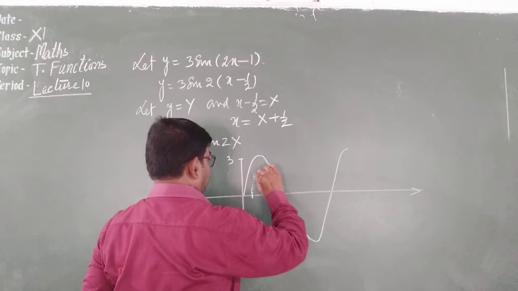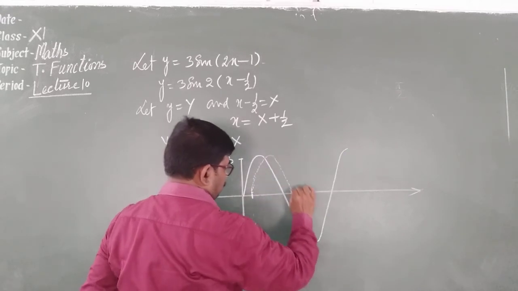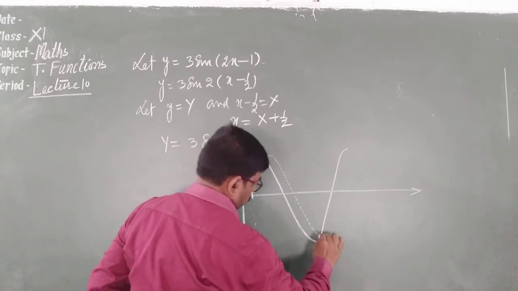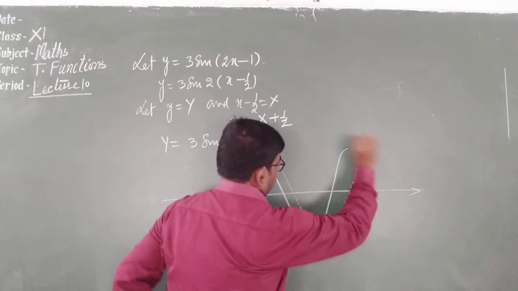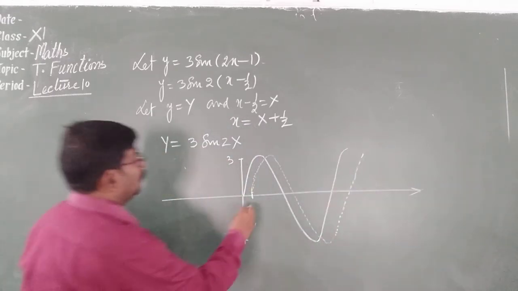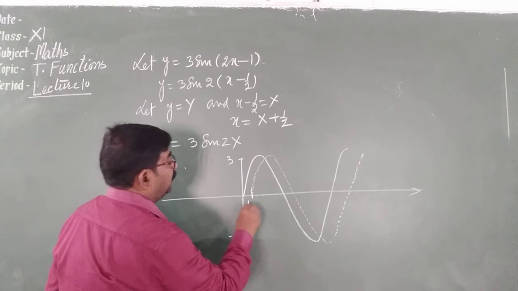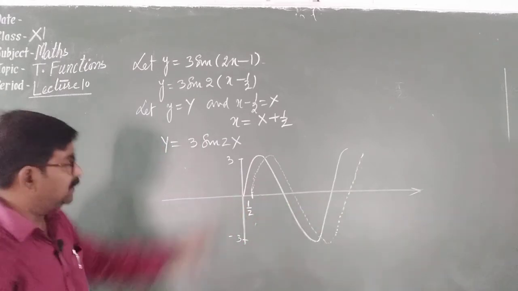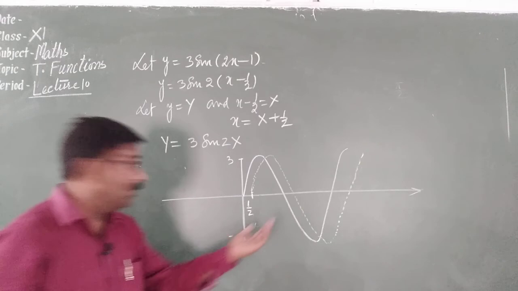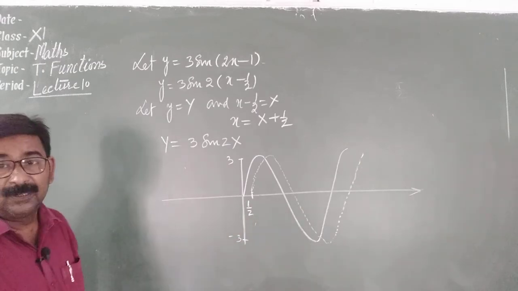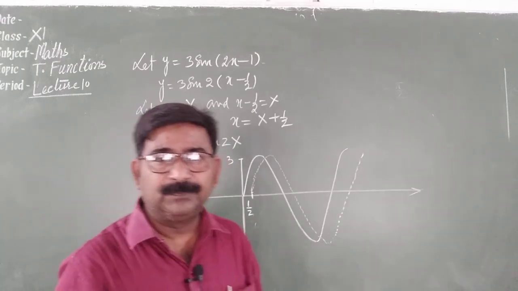I am drawing this with dotted line. See, this point is 1 upon 2 shifted to the right side. Since it is positive, we shift this to the right side. If it is negative, we shift this to the left side. Got it? So very simple method to plot the graph.